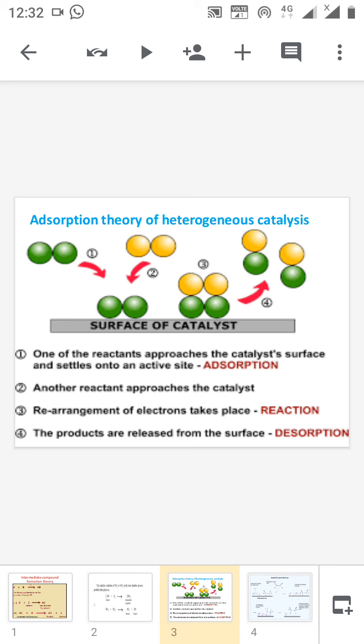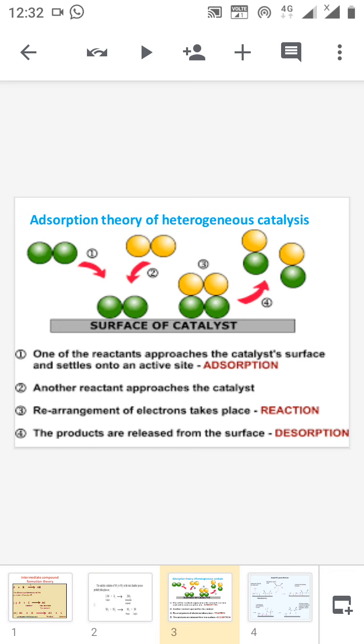There are three processes that occur in heterogeneous catalysis on the surface of the catalyst. First of all, the reactant molecule diffuses to the surface of the catalyst, and as we increase the concentration of the reactant, it will finally physisorb on the surface of the catalyst.